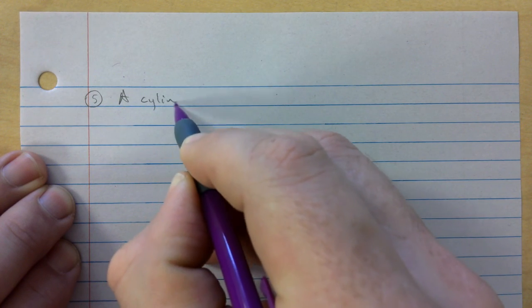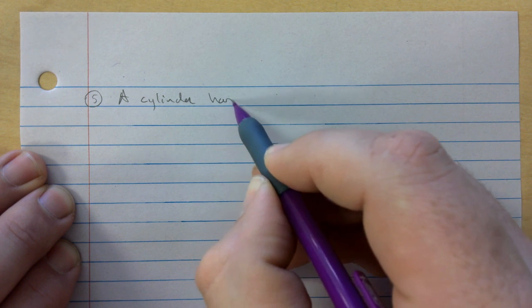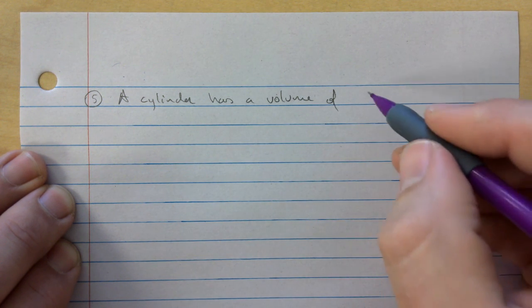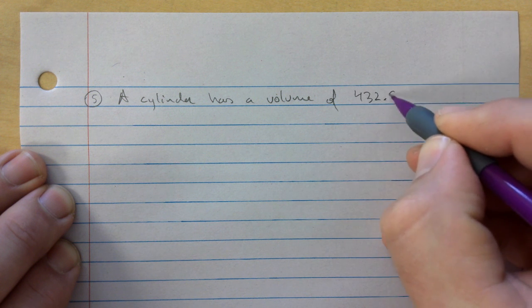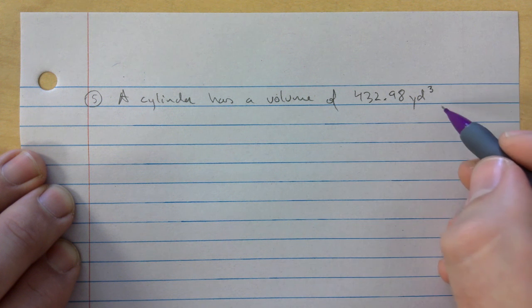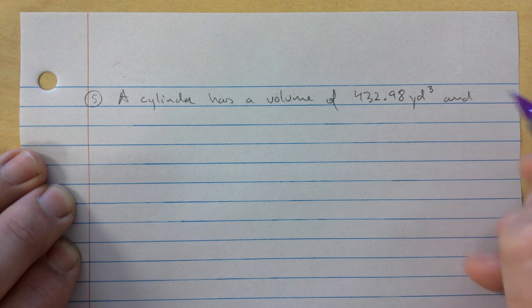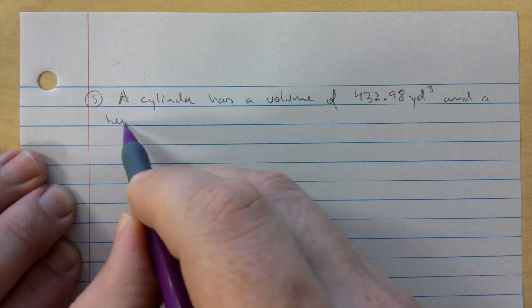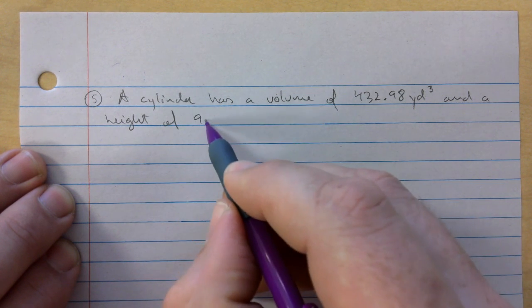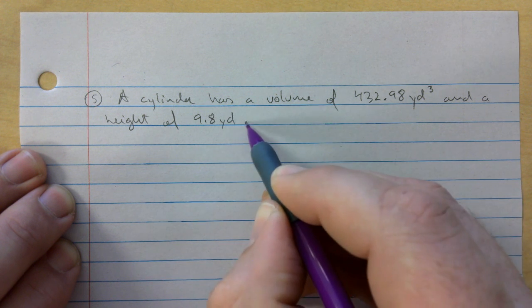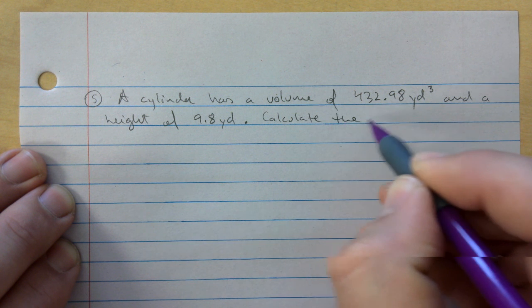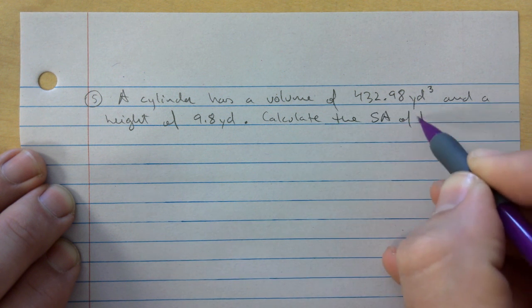A cylinder has a volume of 432.98 cubic yards and a height of 9.8 yards. Calculate the surface area of the cylinder.